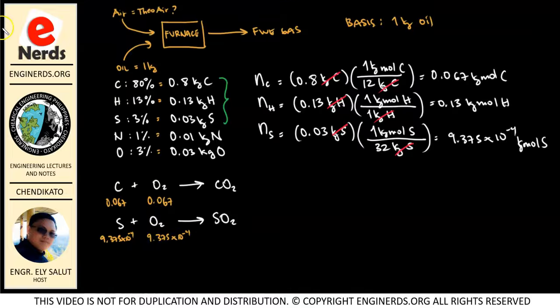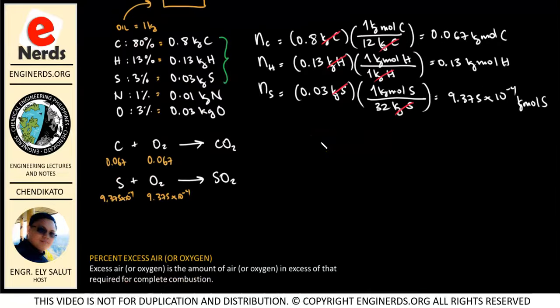Alright, let's go to the number of moles of oxygen for our hydrogen. If you remember, our equation for hydrogen is H2 plus 1/2 O2 producing water.